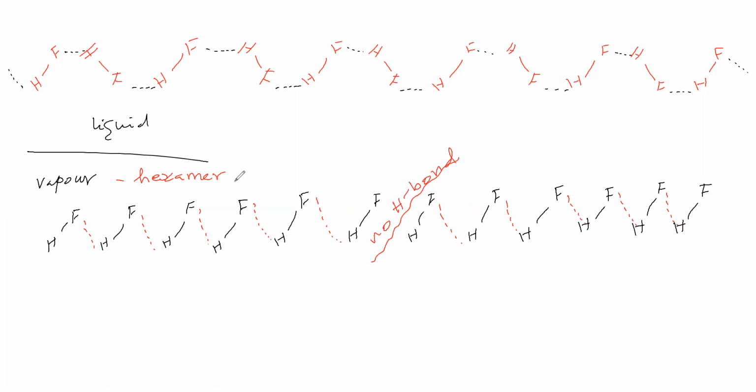Even a tetramer is possible. In the vapor state, a tetramer is possible. We are writing HF like this.